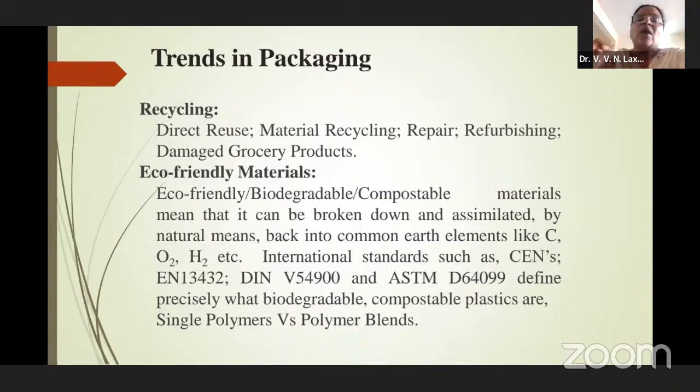Many a times, whatever the packaging material is, they try to directly reuse it, or they try to recycle the material, or they try to repair the packaging material and then use it once again, or refurbish it. At the same time, eco-friendly, biodegradable and compostable materials are also more used for packaging nowadays by companies across the world.